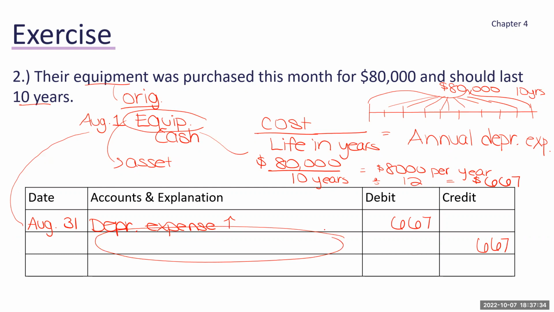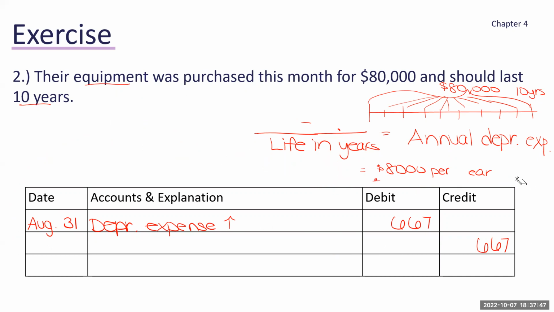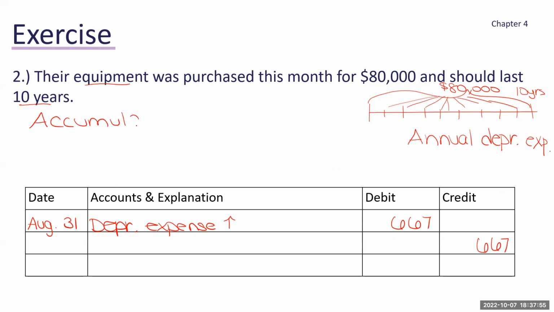What account are we going to use for the credit offset? It's an account that you have not seen yet. It is called accumulated depreciation. So it's a brand new account for us.